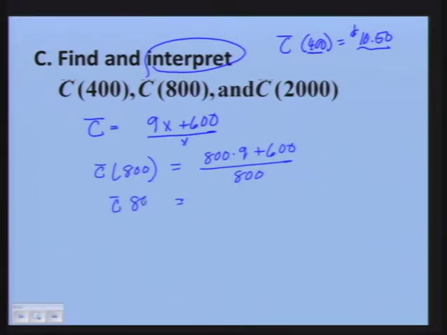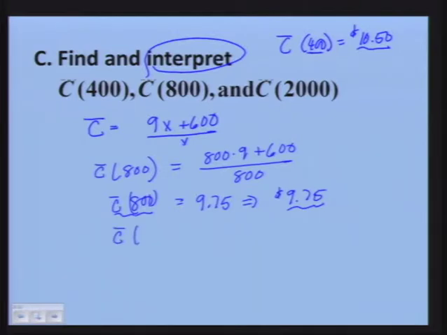C bar of 800 turns out to be 9.75, which implies that the average cost per pair is $9.75 when we manufacture 800 pairs of jeans.